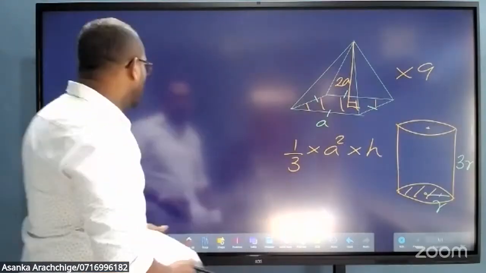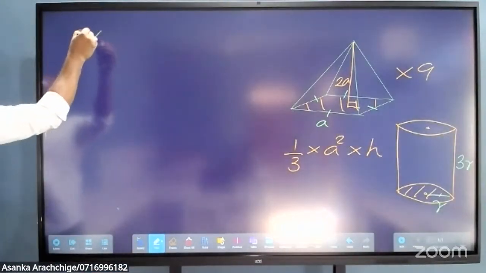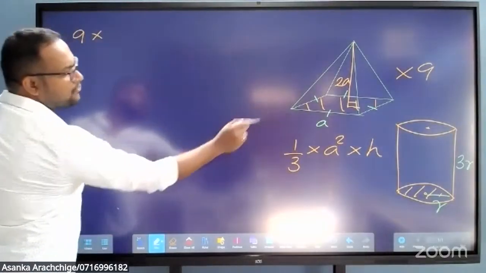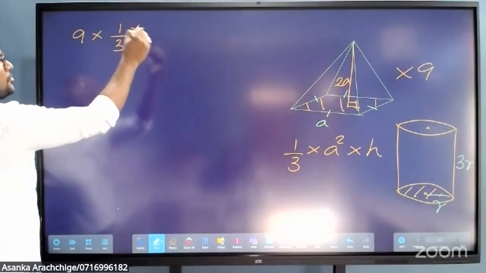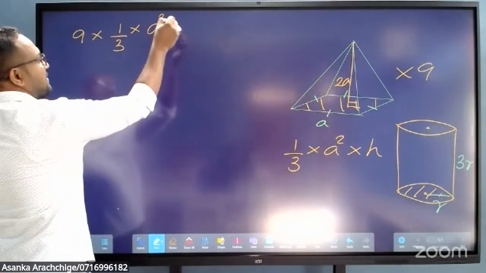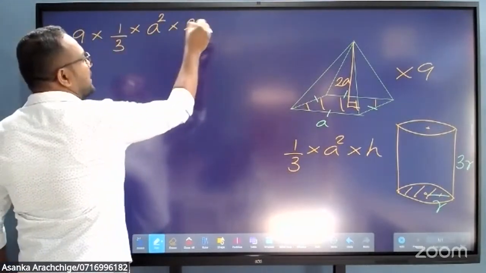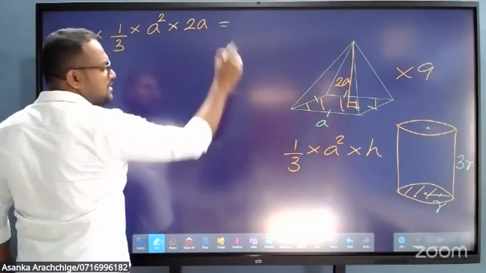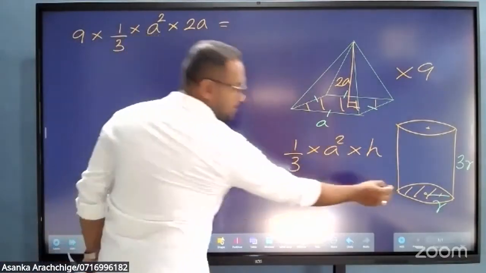So 9 times the volume of one pyramid, 1/3 into area of the base a squared into perpendicular height 2a, must be equal to the volume of the cylinder.